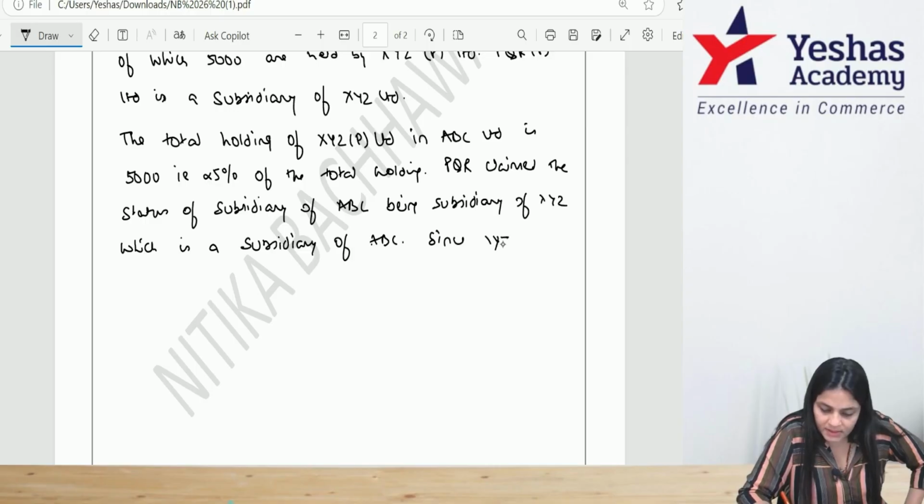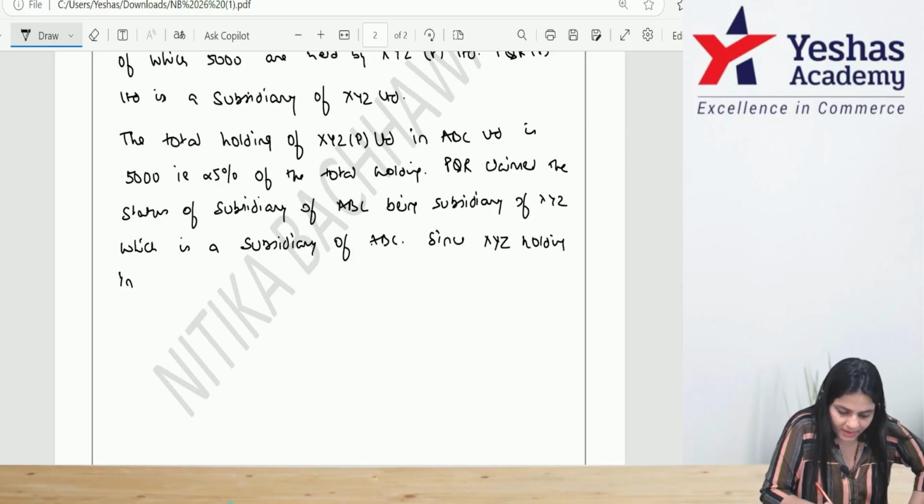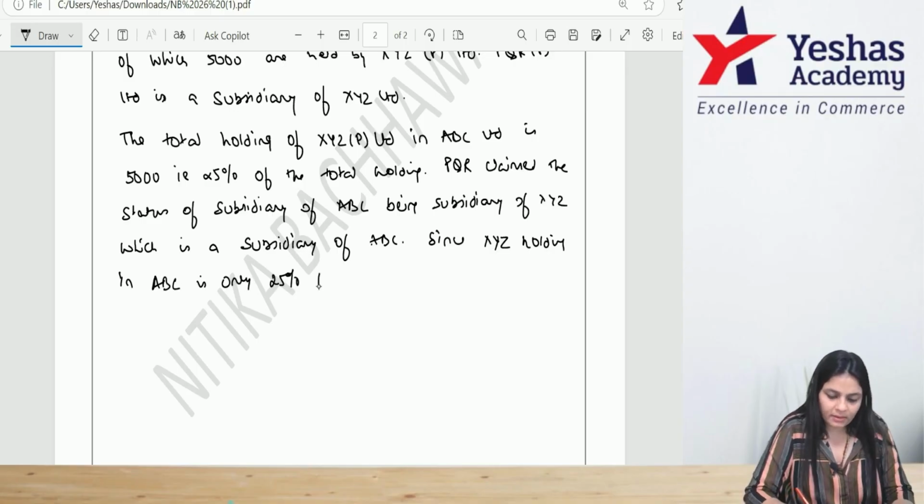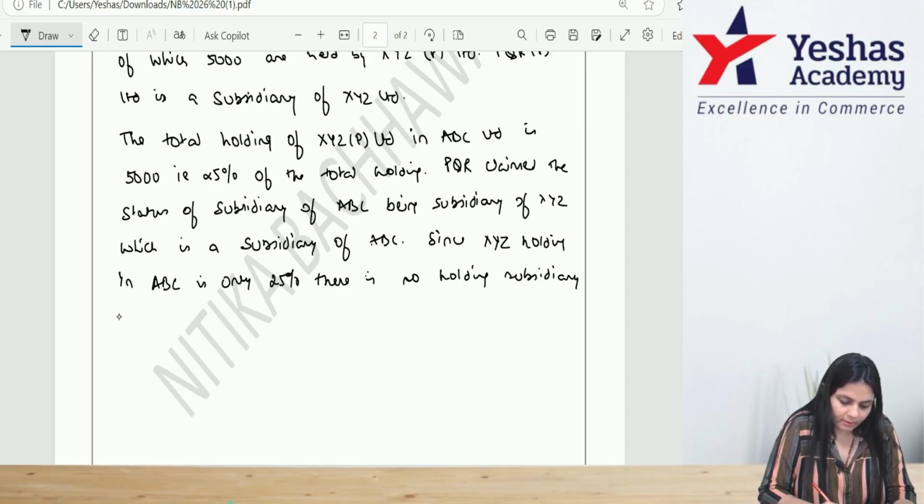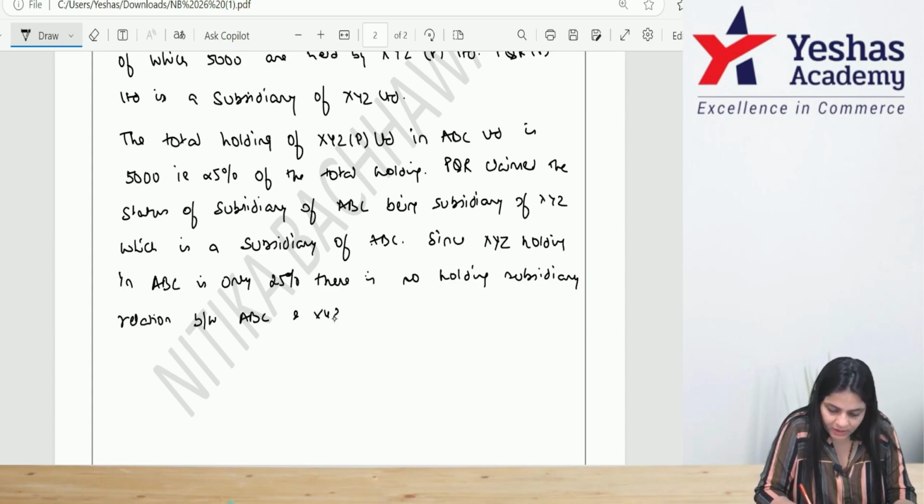Since XYZ's holding in ABC is only 25%, there is no holding subsidiary relation between ABC and XYZ.